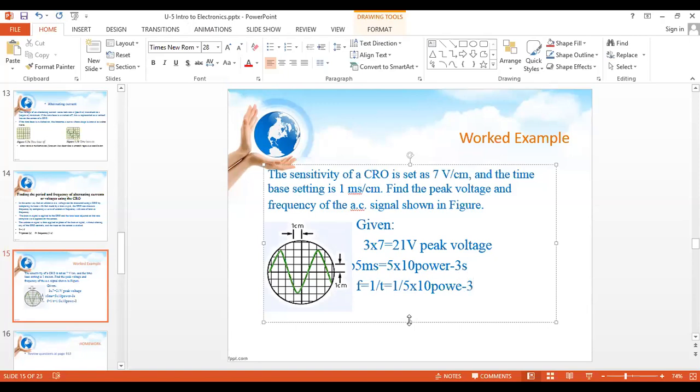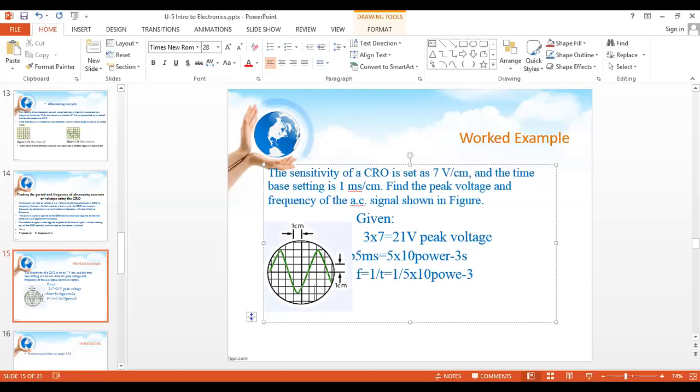When you divide 1 by 5 times 10 to the power negative 3, you're going to get the frequency as 200 hertz, 200 per second. So 200 per second will be our frequency.